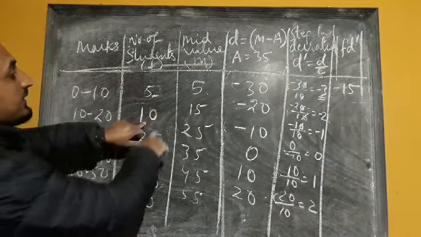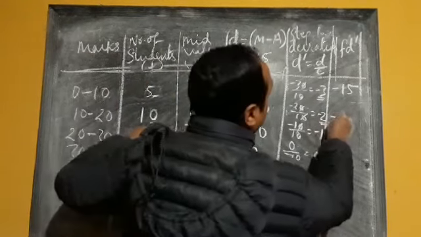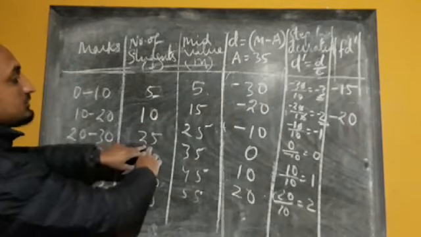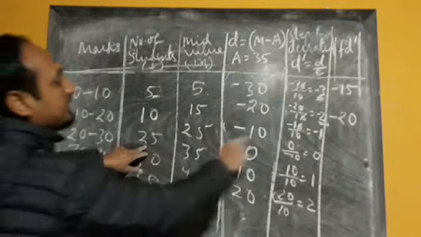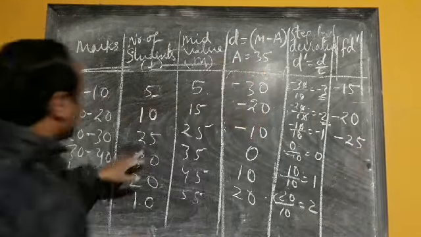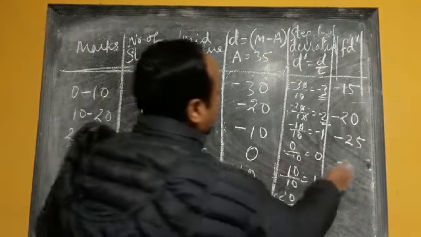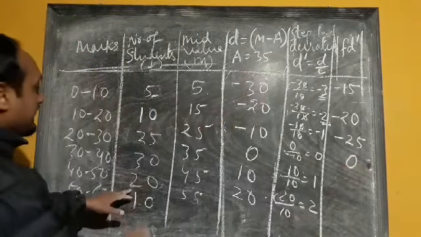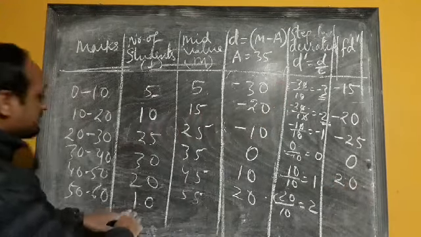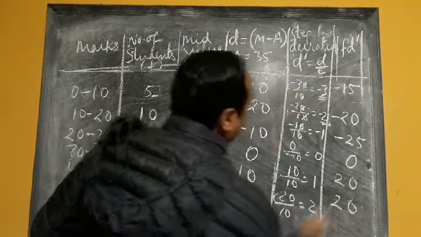Next, 10 into minus 2 is minus 20. Next, frequency 25 into minus 1 is minus 25. Next, 30 into 0 is 0. Next, 20 into 1 is 20. Then 10 into 2 is 20.